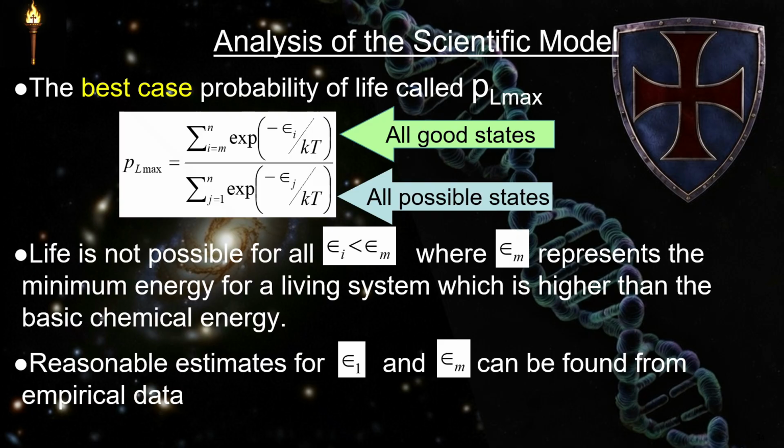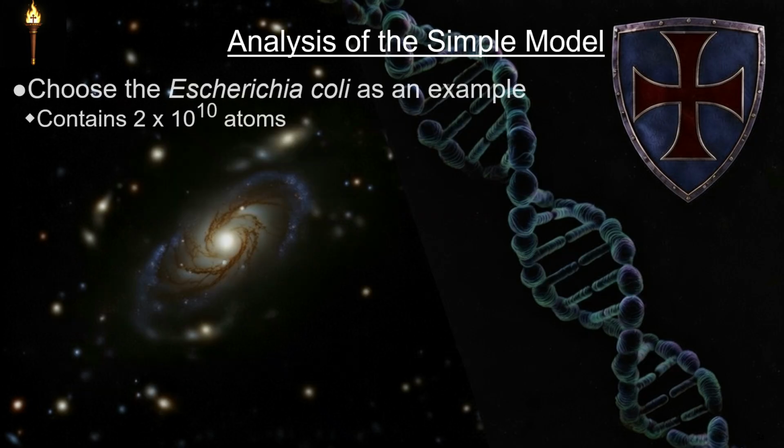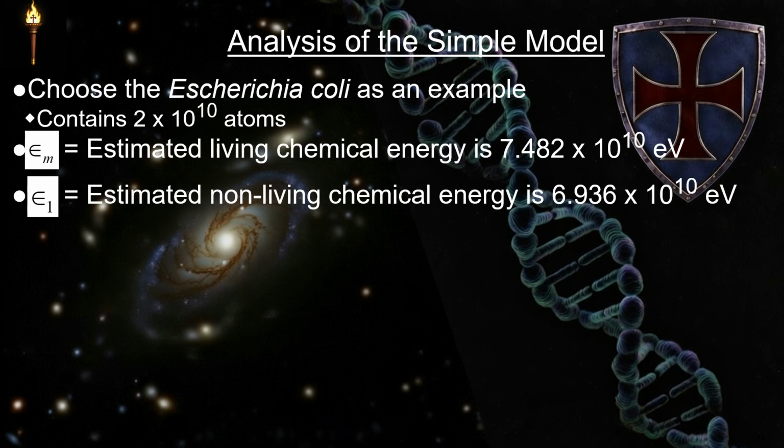But these epsilons are sort of mysterious, and this is where we ground it in reality. Biology can provide reasonable estimates for epsilon i and epsilon m from measurement data. Let's choose Escherichia coli as an example. It's a cell that contains 2 times 10 to the 10 atoms, it's estimated. Here we have epsilon m, which is the estimated living chemical energy, is 7.482 times 10 to the 10 electron volts.